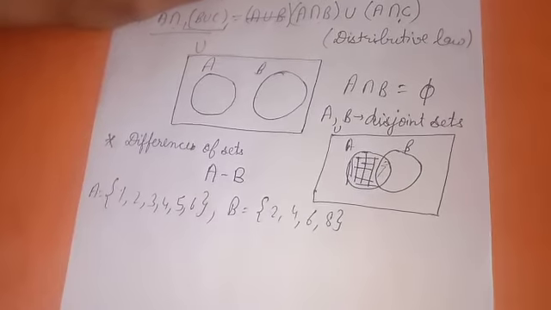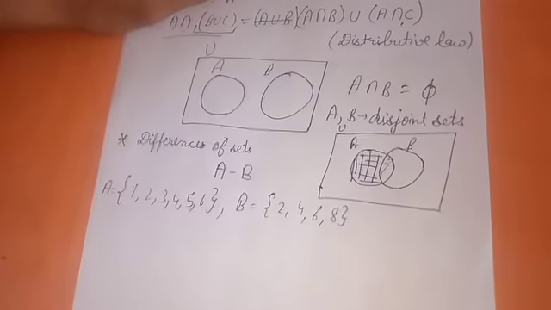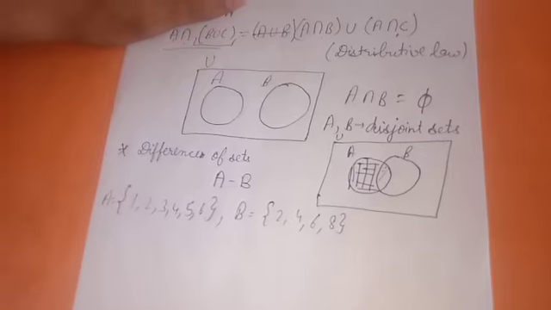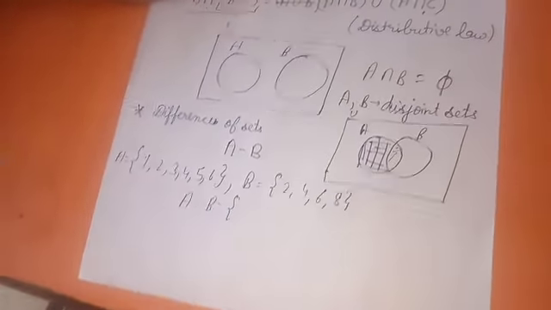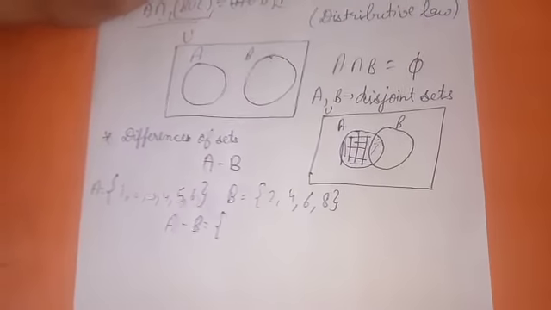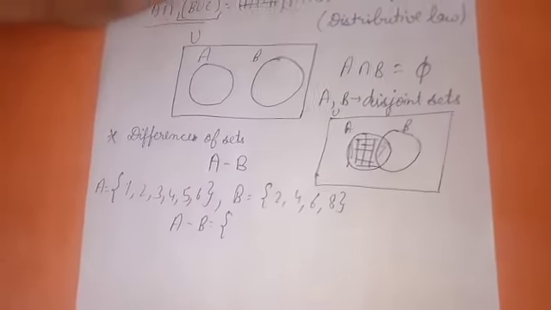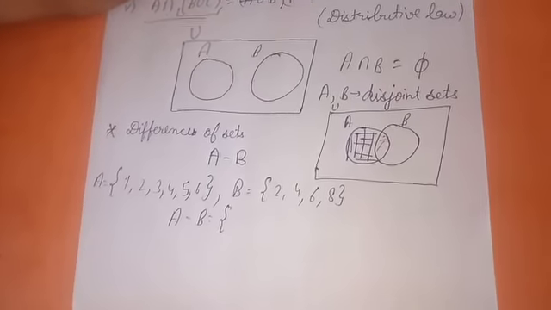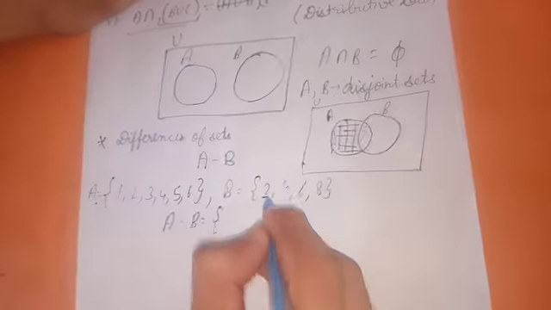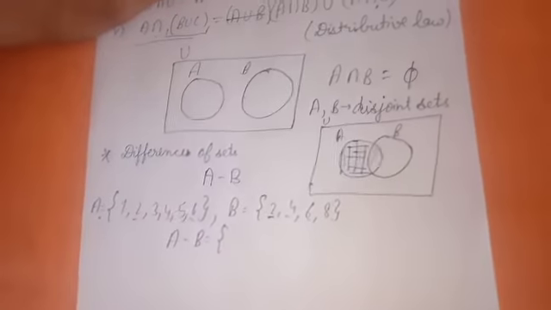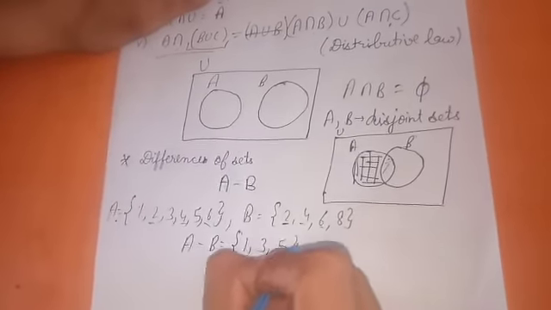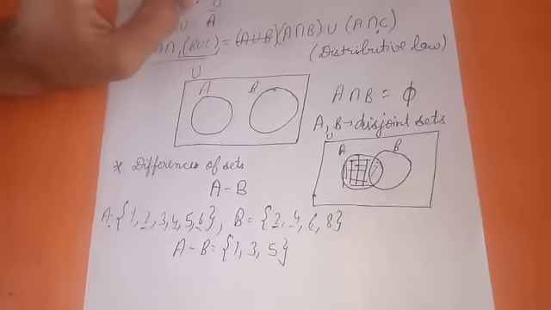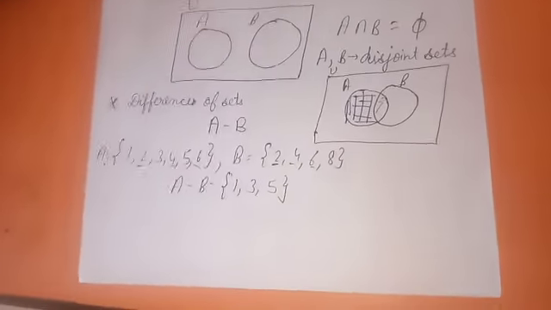And we have to find A minus B as well as B minus A. Now A minus B will consist of only those elements that are in A but not in B. You can see that 2, 4, 6 are common in both, so they will be cancelled. What is left remaining? 1, 3, 5. Not 8, we will not include 8 because 8 is in B, not in A.